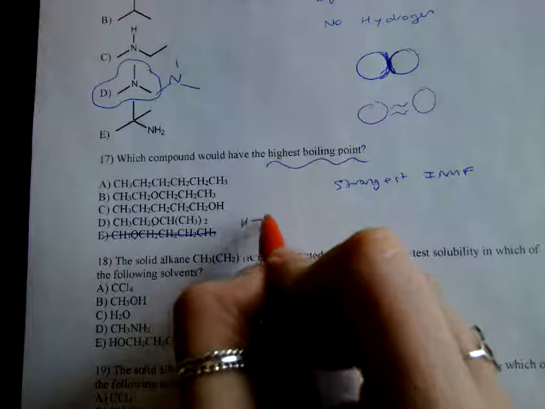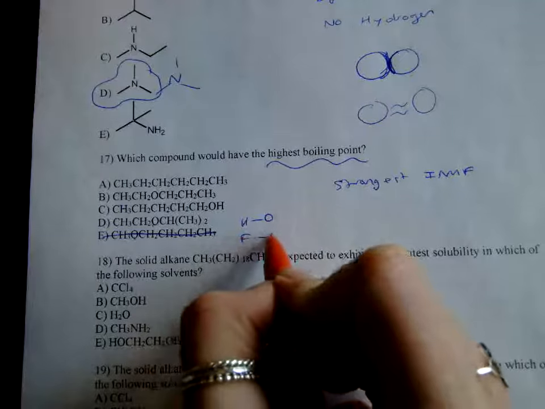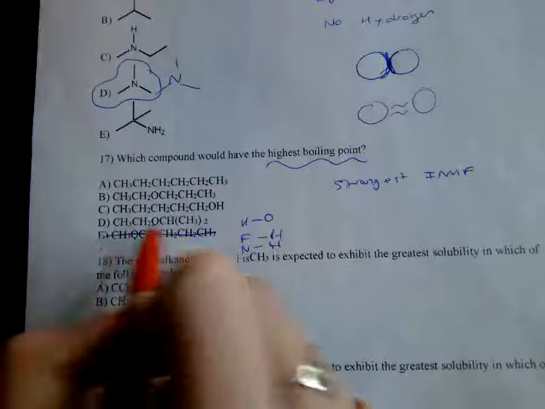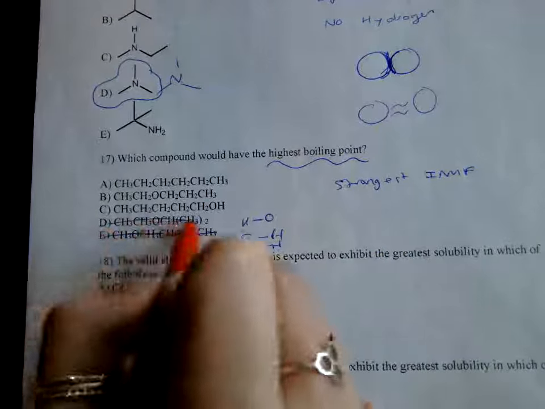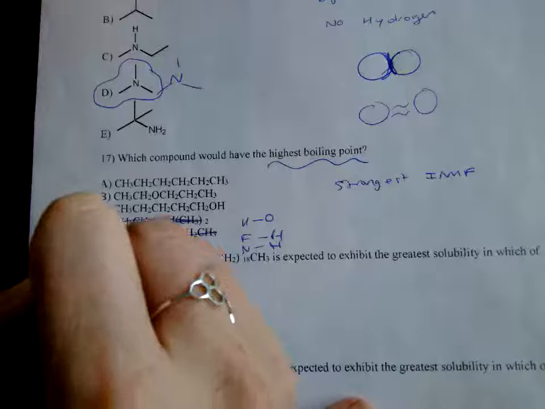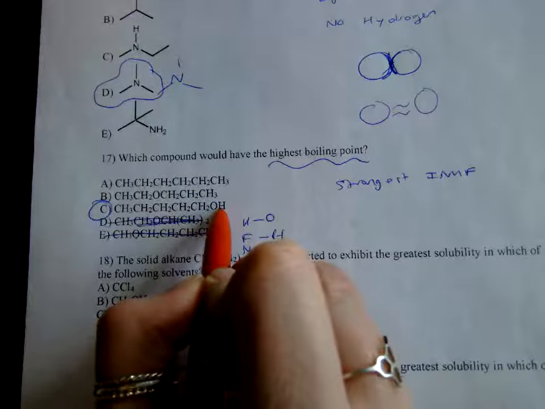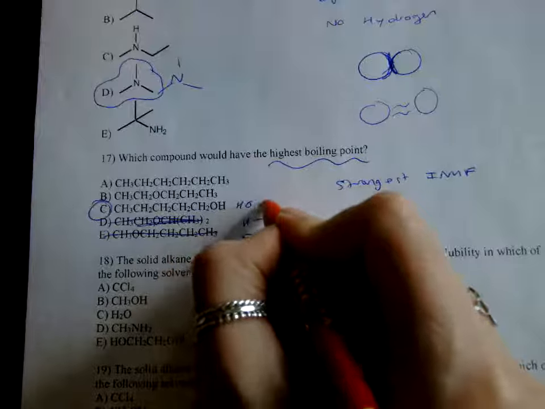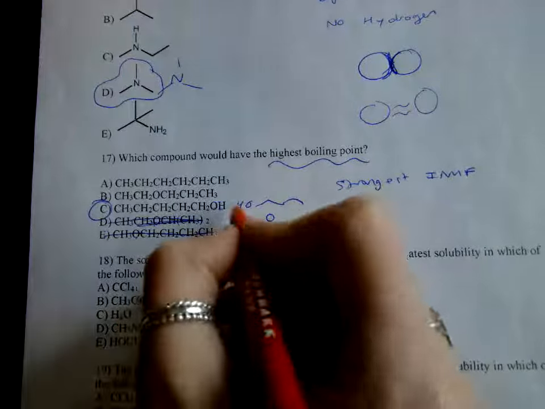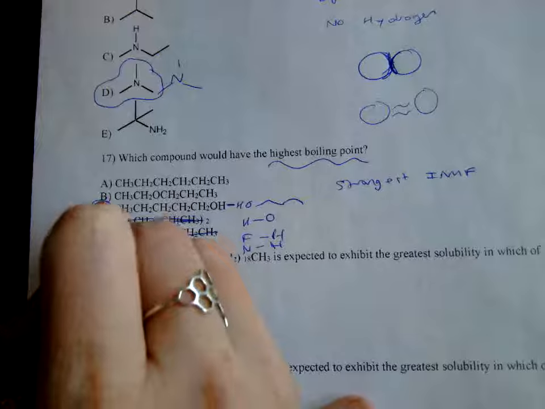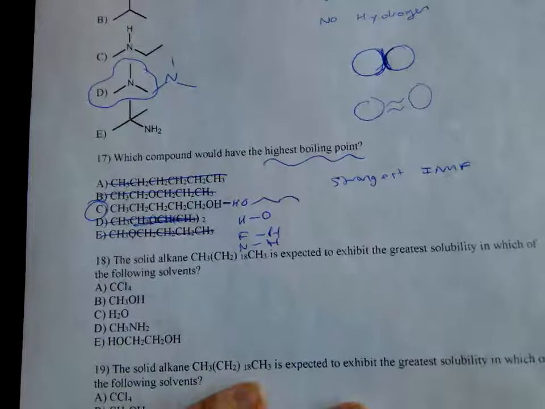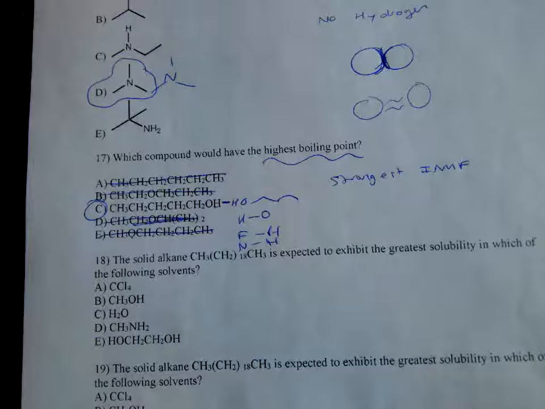The oxygen has to be bonded to the hydrogen, or the nitrogen has to be bonded to the hydrogen or the fluorine, but that's not happening here. This does have hydrogen bonding. There's an H right there bonded to an oxygen, so it could interact with another molecule really strongly. They'd have a strong interaction here. And these both don't have the hydrogen bonded to the oxygen, so answer choice C.